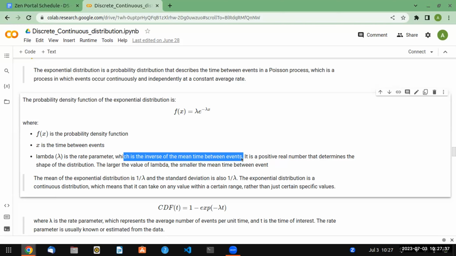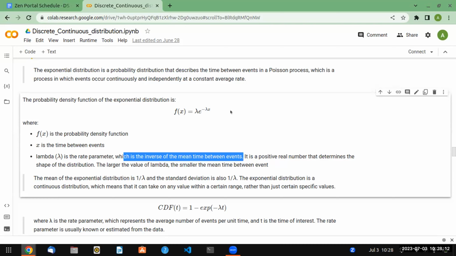If lambda is the inverse of the mean time between the events, and time is in seconds, then the inverse means 1 by second, so the unit is second to the power minus 1.